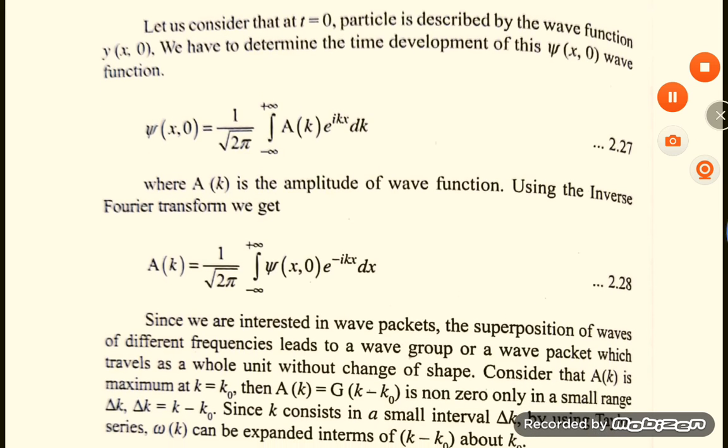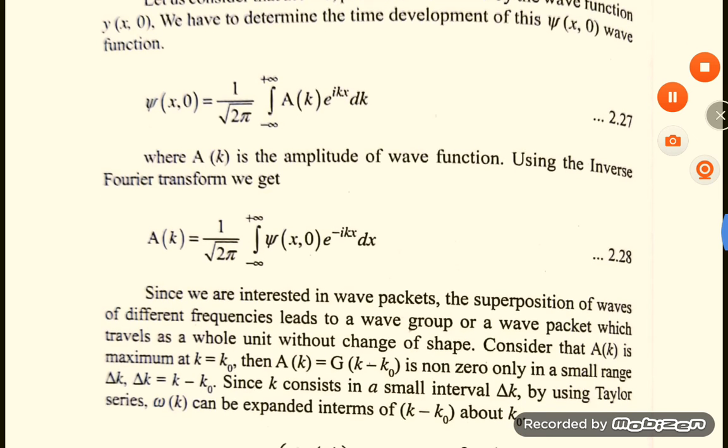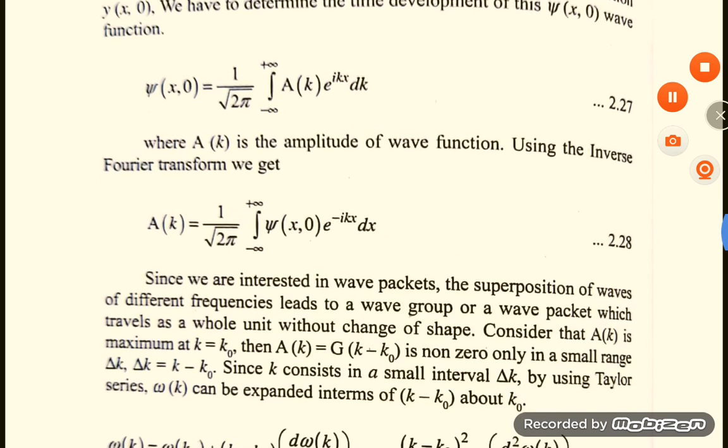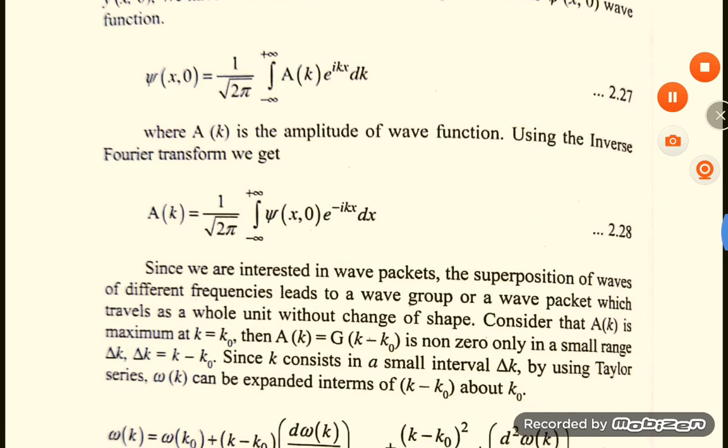Where a(k) is the amplitude of the wave function, using the inverse Fourier transform we get a(k) is equal to 1 by root 2 pi integral from minus infinity to plus infinity of psi(x,0) e^(−ikx) dx.